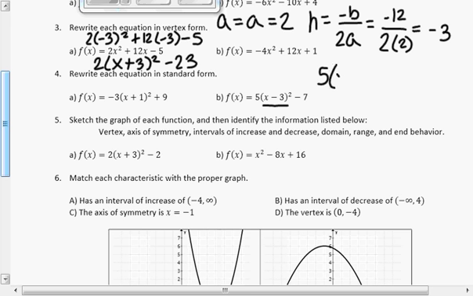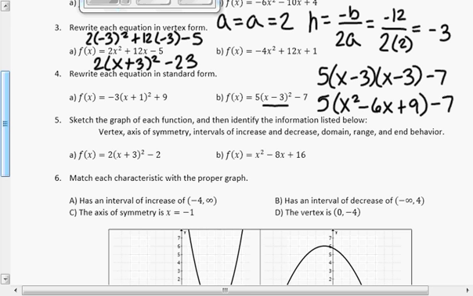So it's going to be (x - 3)(x - 3) - 7. And remember, your order of operations starts with parentheses and exponents. So we're going to actually multiply (x - 3) and (x - 3) first. When you do that, you get x^2 - 6x + 9 - 7. You can do the box method if you can't do that in your head.